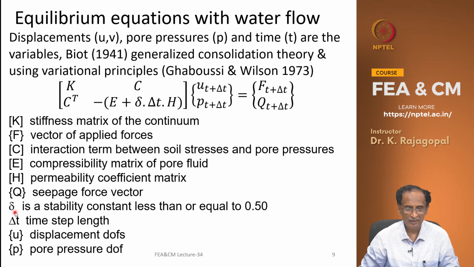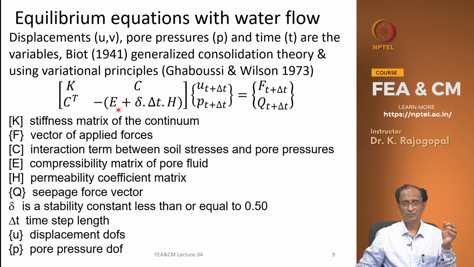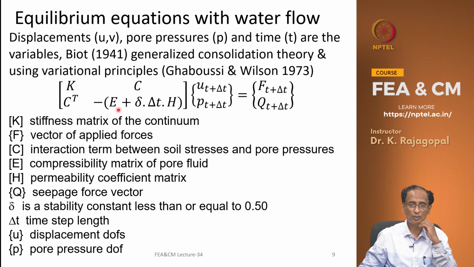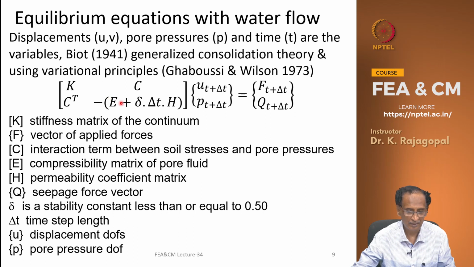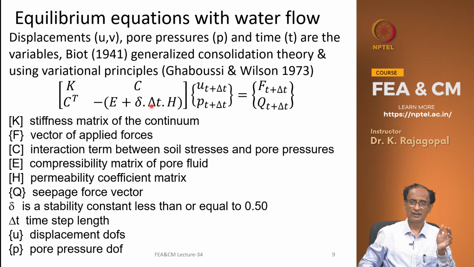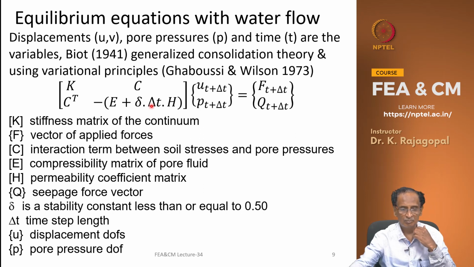And when we are doing this consolidation analysis, we will have a problem. See, we see a negative term here, and let us say E is the compressibility matrix, and if you have an incompressible pore fluid, that is the normal usual assumption, E is going to be 0, and for the initial time step, or if you are interested in knowing the initial response at time t equal to 0, delta t is 0.